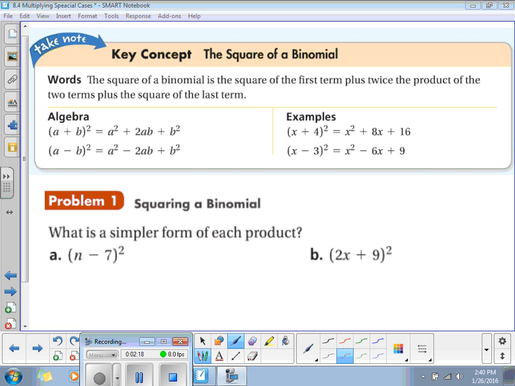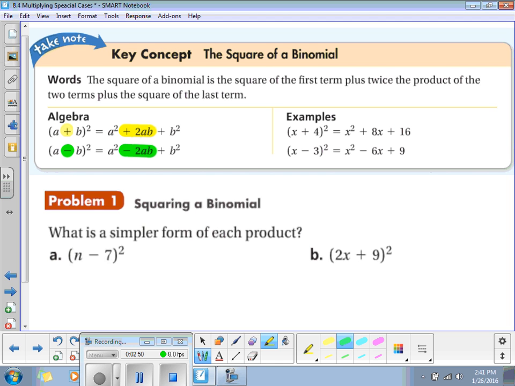So, we end up with a squared plus 2 times a times b plus b squared. If I have minus, then it's minus 2ab. Does everybody see that? If I have plus here, then it's plus 2ab. If I have a minus here, then it's minus 2ab.